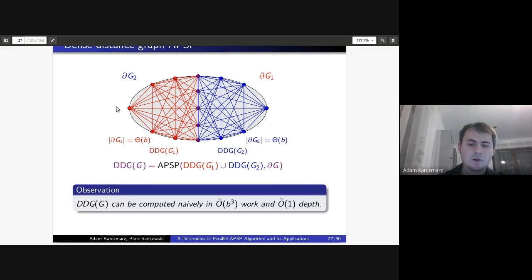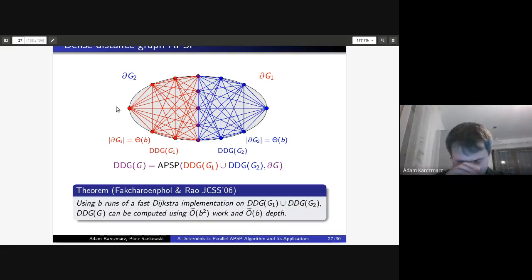Using the folklore parallel algorithm, the DDG of G can be computed from the DDGs of G1 and G2, naively, using B cube work and polylogarithmic depth.